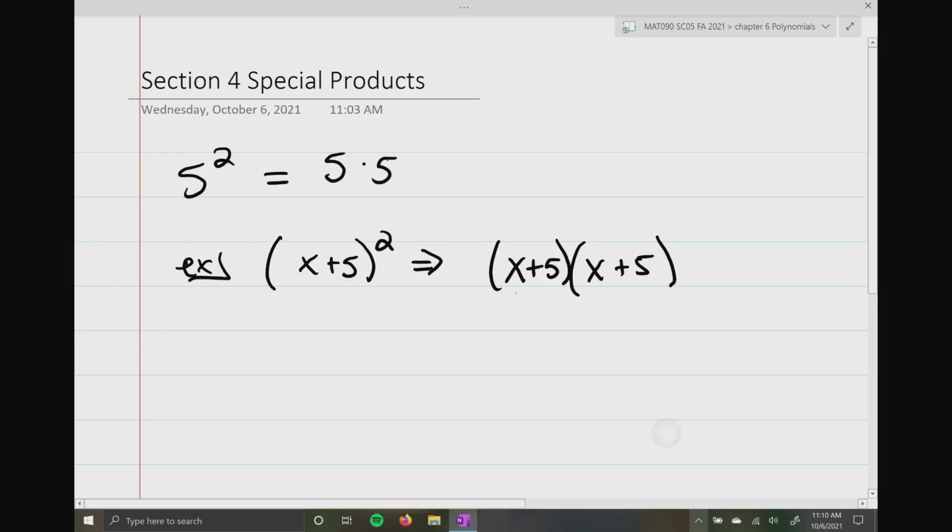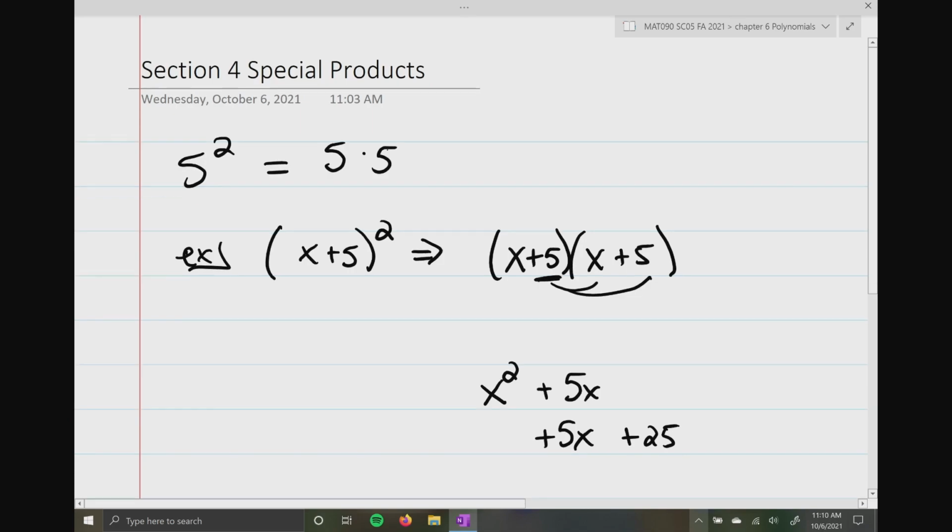Now, we have to apply the distributive property. So I'm going to underline the x, draw my arrows. X times x is x squared. X times 5 is 5x. Now that I distributed the letter x, I'm going to go ahead and distribute the positive 5. 5 times x is plus 5x. I write it directly underneath. And 5 times 5 is 25.